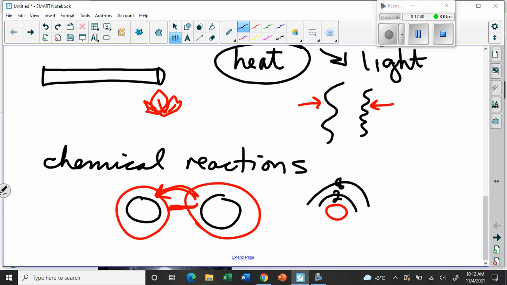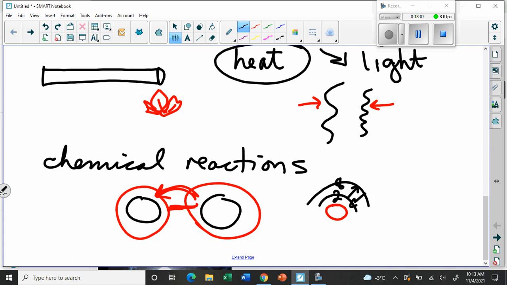Well, if these electrons move from one level to the other because there's a bond happening or something is changing, any kind of movement will produce ripples in the electromagnetic field. And sometimes they will be ripples that we can see. Sometimes they will be ripples we can't see. Many chemical reactions produce infrared ripples, which are heat.